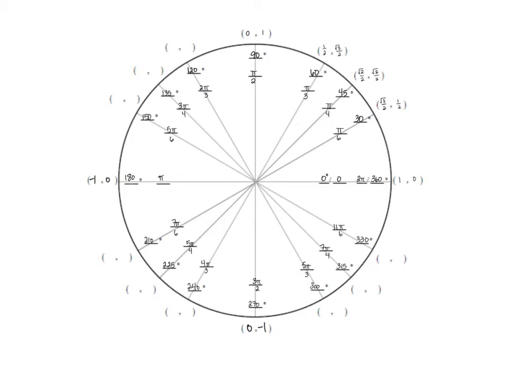Flip it straight down. All of those triangles are going to be the same triangles. So all of these coordinates are going to be very, very similar, but with a difference in negatives. So I'm going to get rid of all my lines there. There we go.